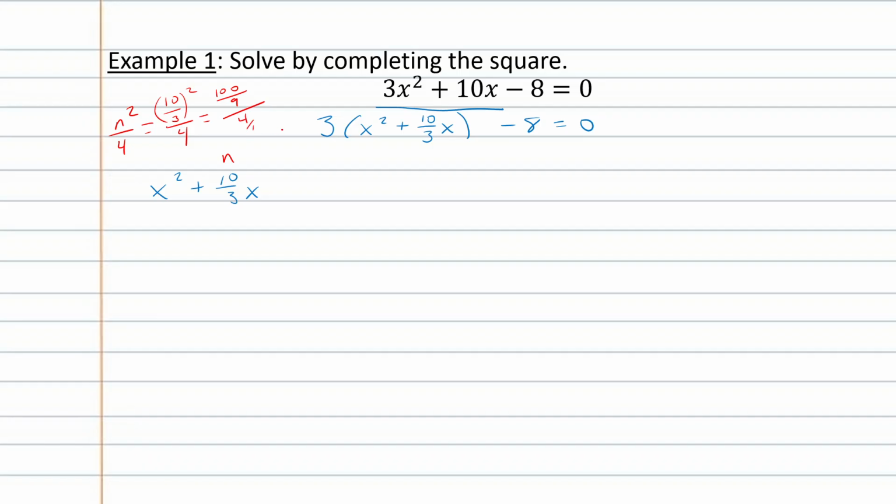Or you could even write it as 4 over 1. Benefit of that is that it would be 100 over 9 times 4 over 1. Keep the top, change the sign, flip the second one. Now you're looking at 100 divided by 4. That's 25. So this really does kind of simplify to 25 over 9.